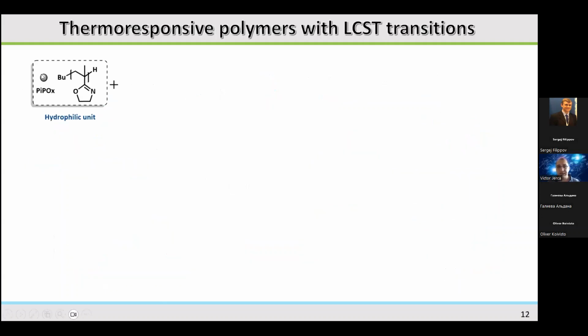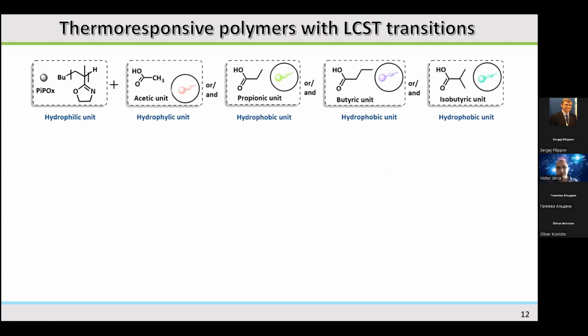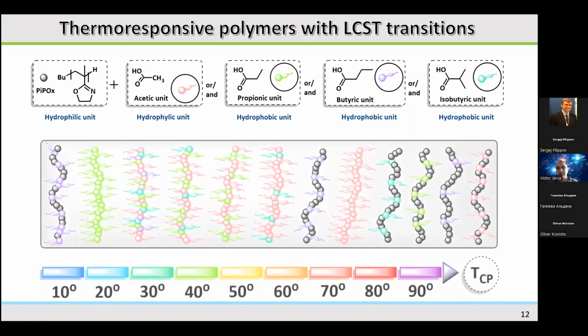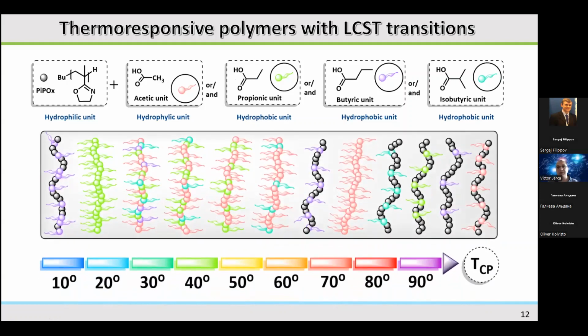Of course, as I already mentioned, this polymer is water soluble, so it's very hydrophilic. So in theory, if we modify it with some hydrophobic units, then it should show some LCST transitions. And this is what we did. We took acetic acid, propionic acid, butyric acid, and isobutyric acid, and we modified the PiPOx, and we were able to obtain polymers that show cloud point temperatures between 10 and 90 degrees Celsius.